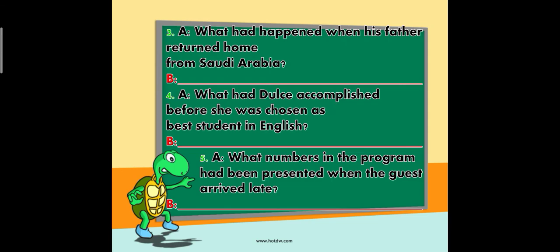Number 3. What had happened when his father returned home from Saudi Arabia? Number 4. What had Dulce accomplished before she was chosen as best student in English? Number 5. What numbers in the program had been presented when the guest arrived late?